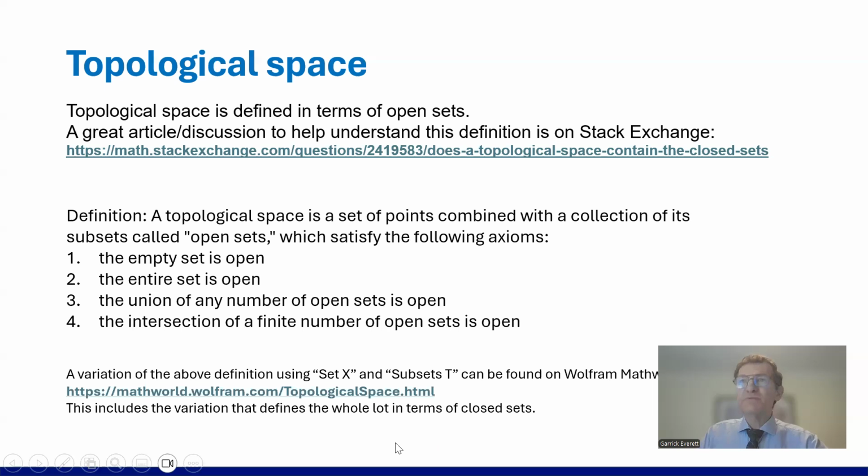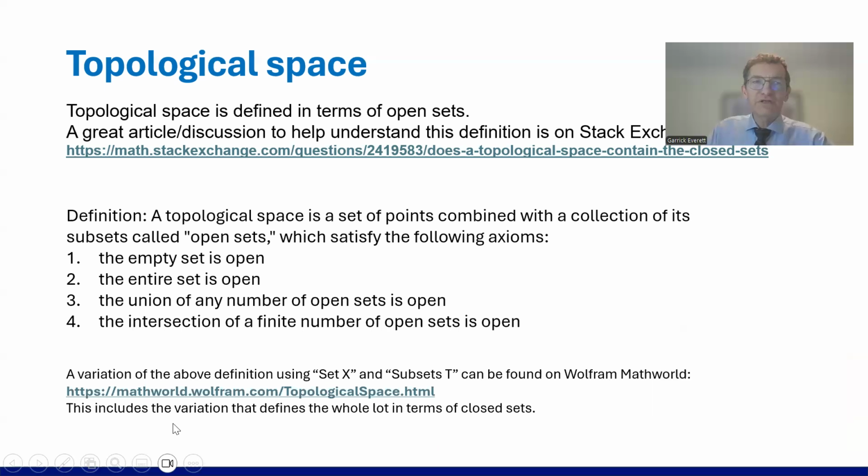A variation on the above definition using set X and subsets T can be found in Wolfram MathWorld. I've given the link there. This includes a variation that defines the whole lot in terms of closed sets.